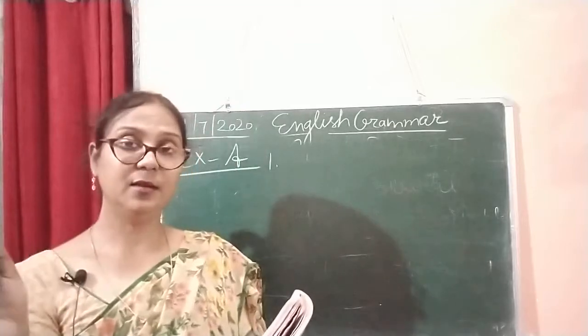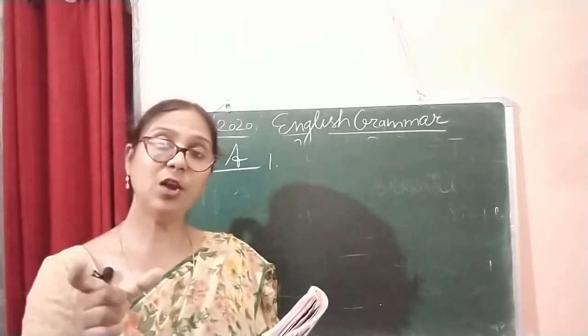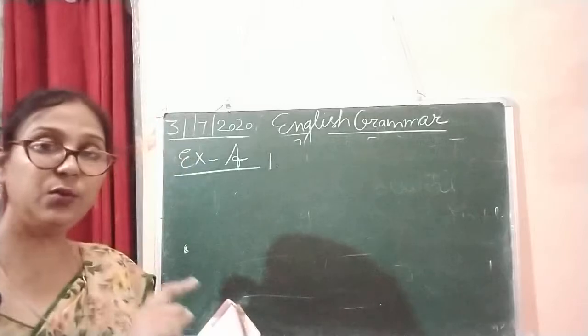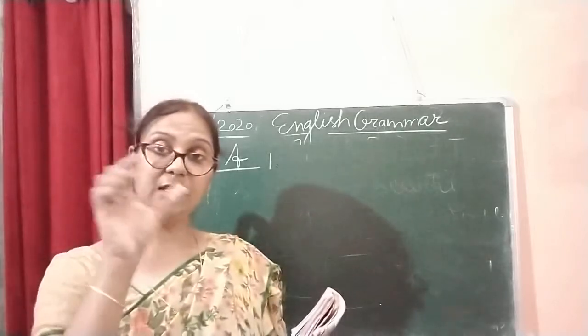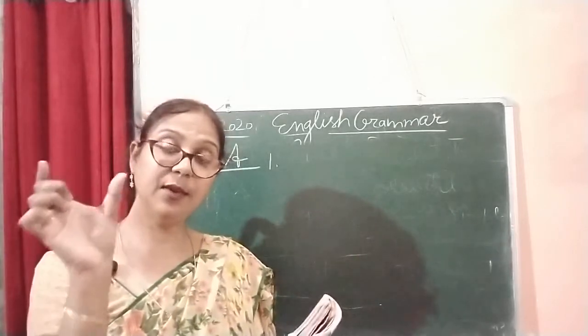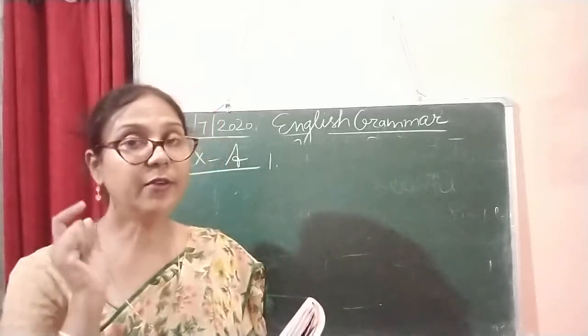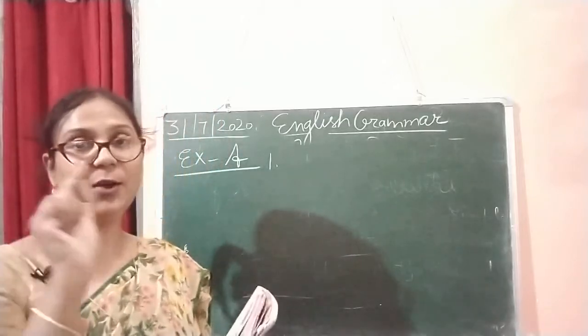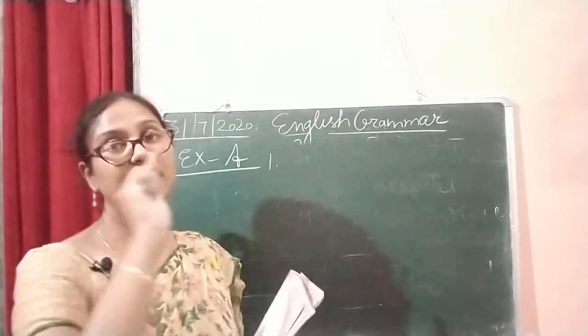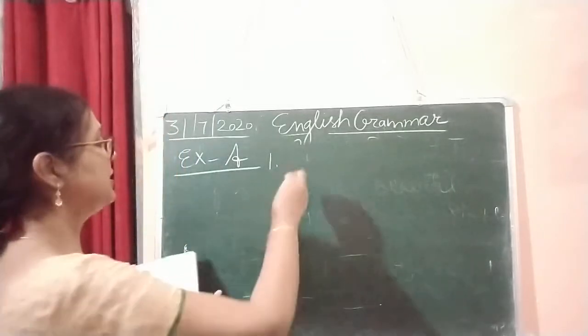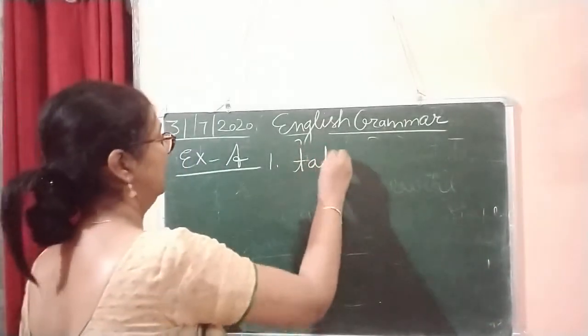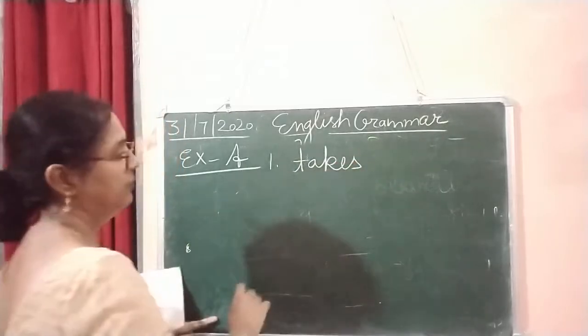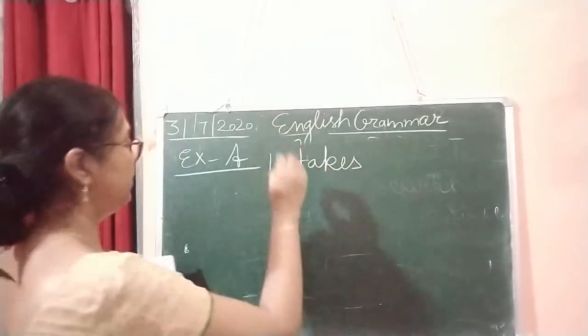So grandmother here is a singular subject. That is why, in the bracket the verb is given, take. So what are we going to use? ES. We are going to add ES with take. So takes care. We are going to use S over here.